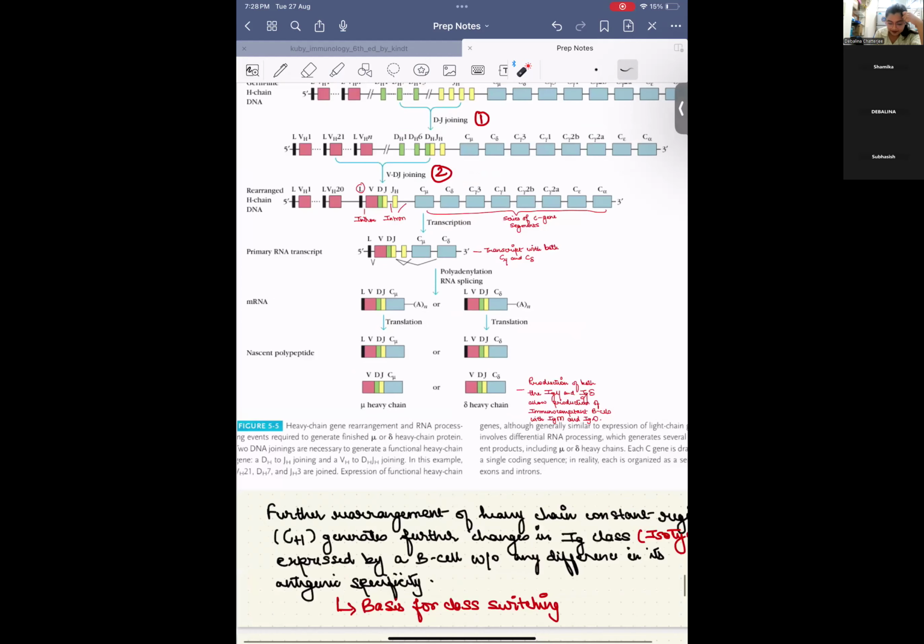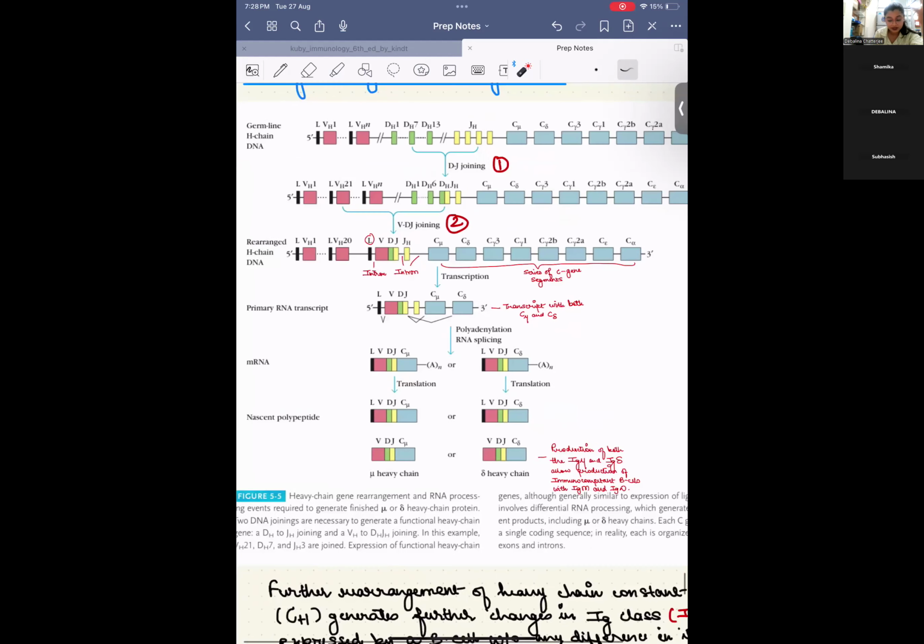If we have, say, 1 to 20 variable regions possible, which variable region has a chance to come together with this mu chain? This is fixed. Say this one got selected, and this is J3 maybe, and maybe D7 got a chance to come together, right?